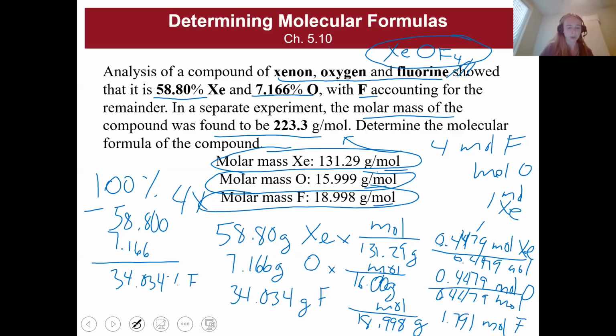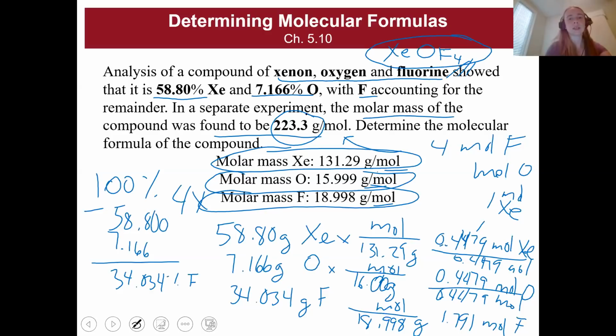That's 131.29 plus 15.999 plus 18.998 times 4. I'm going to put 18.998 times 4 in parentheses and then add them all up. And I got 223.3-ish grams per mole.